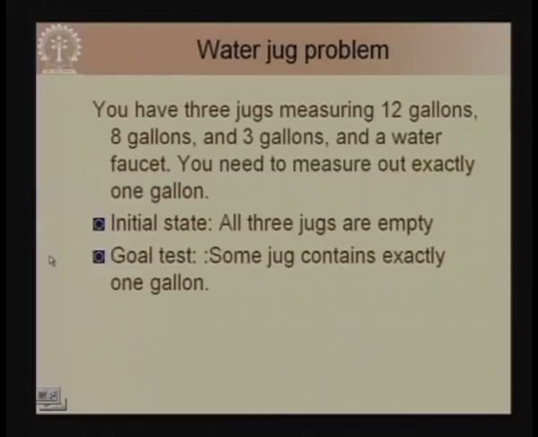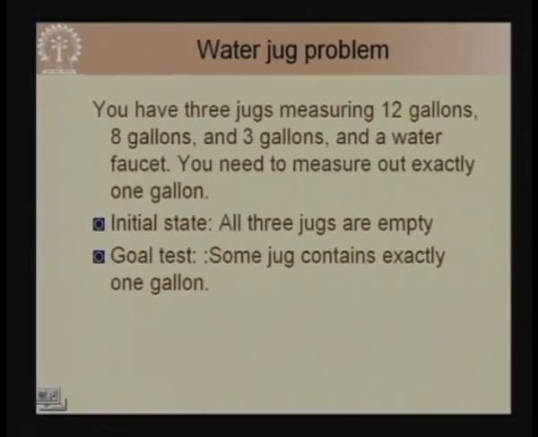and I will end this lecture by letting you think of a problem. You have 3 jugs measuring 12 gallons, 8 gallons and 3 gallons, and you have a water faucet or a pipe from which you can get water, and your objective is to measure out exactly 1 gallon of water. In the beginning you have 3 empty jugs, and your objective is to get 1 gallon of water in one of the jugs, any one of the jugs.